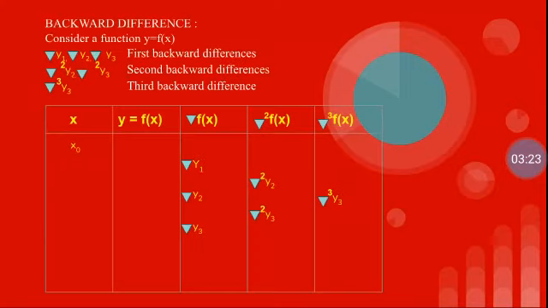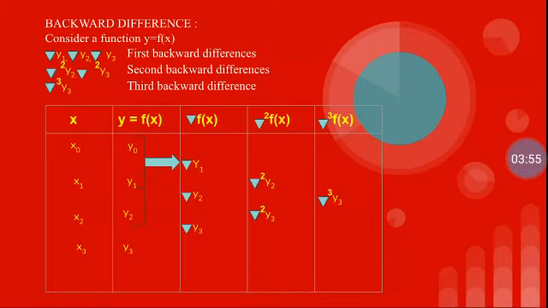The table remains the same in backward difference, but the notation changes here. Same, we have x0, x1, x2, x3, y0, y1, y2, y3. y1 minus y0 gives rise to backward delta y1. Here we see in the forward difference it was delta y0 and here it is backward del y1, the below number, the below value, the below function.